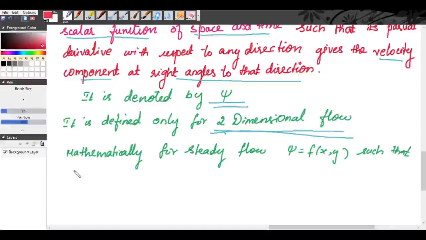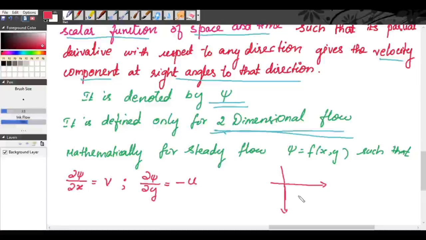Dou psi by dou x is equal to, we saw the partial derivative with respect to any direction will give you the velocity component at right angles to that direction. So dou psi by dou x will give you the velocity component in y direction, that is v, and dou psi by dou y will give you the velocity in x direction, at right angles, so it is minus u.